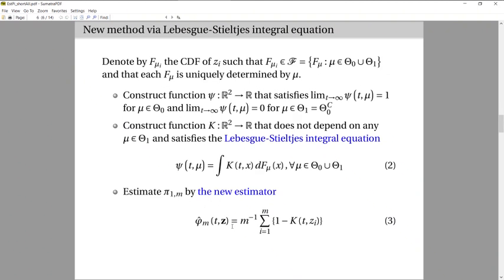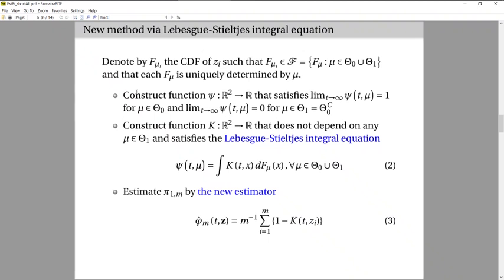To remove these restrictions, we will introduce the new method via Lebesgue-Stieltjes integral equations. Denote by F_mu_i the CDF of z_i, such that F_mu_i is a member of F, a family of CDFs that are indexed by mu, and assume that each F_mu is uniquely determined by mu.